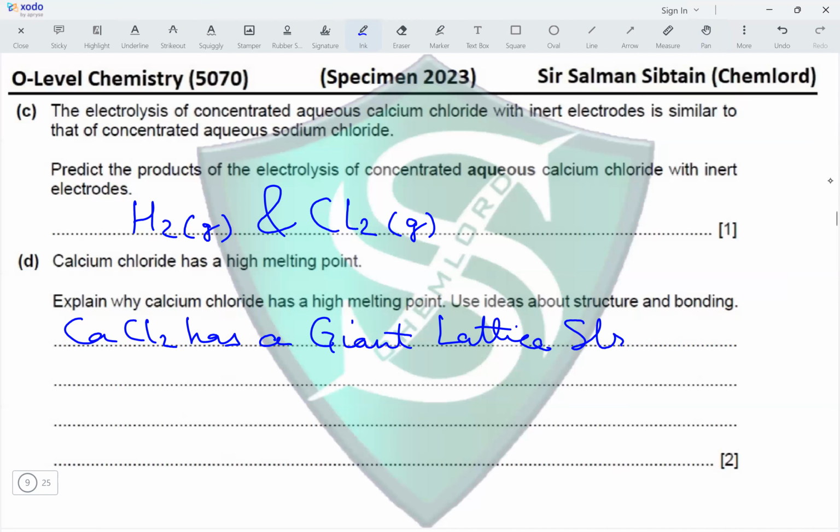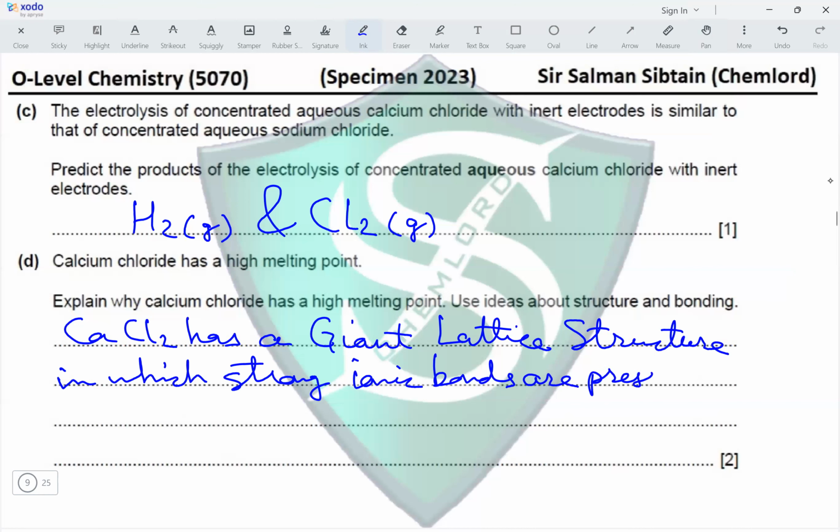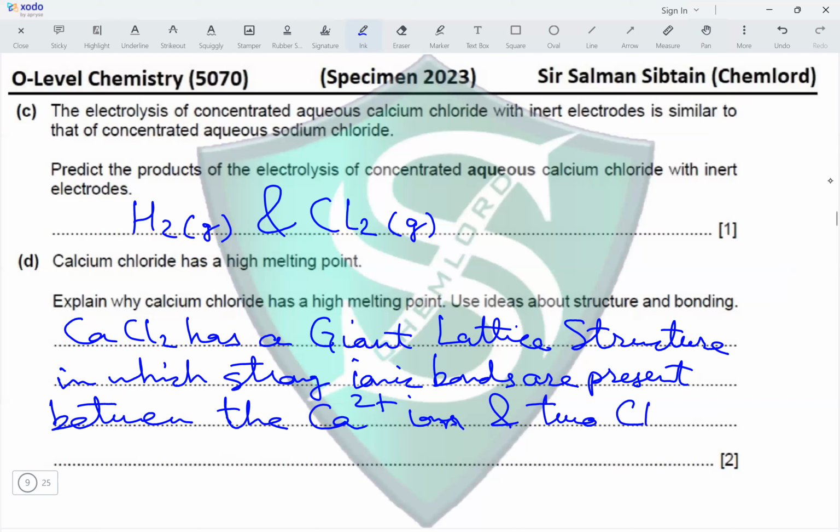structure in which strong ionic bonds are present between the Ca2+ ion and two Cl- ions.